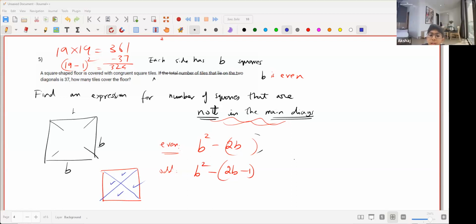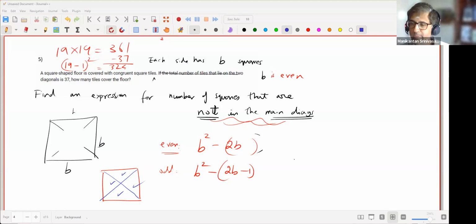So basically, since we found the formula of the squares that are not in the main diagonals, we need to find out how they are divisible by 4, no matter if B is odd or even, algebraically. He didn't explain it well. Yeah, almost right, Akshad. So Arnav, all I'm saying is this number of squares that are not in the main diagonal, prove that no matter whether B is even or odd.